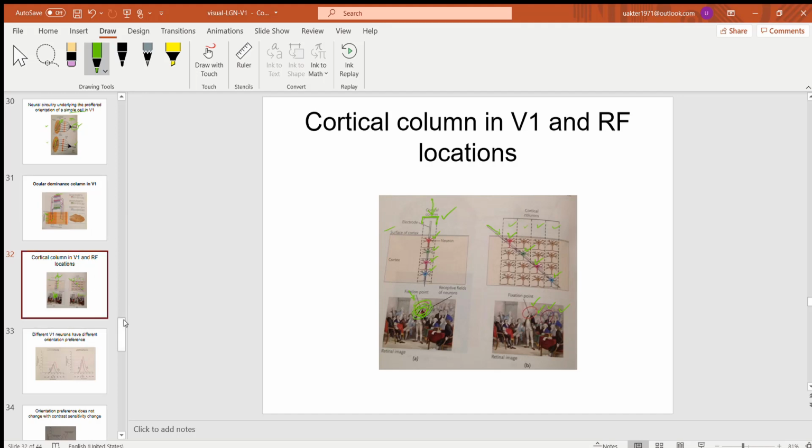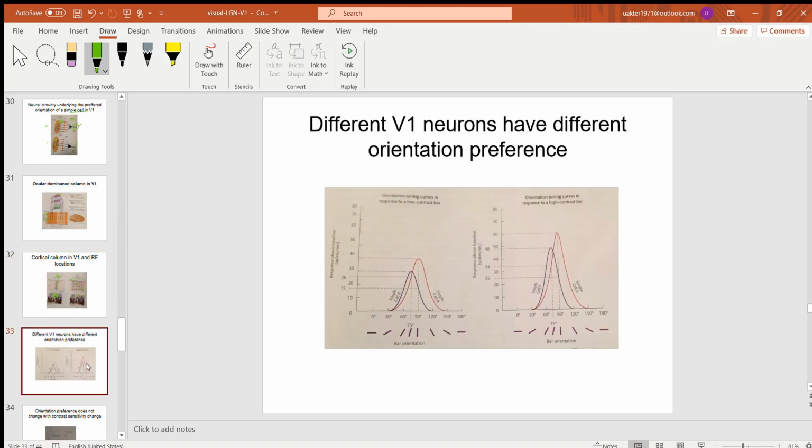Here you see 2 different neurons, A and B, and A prefers this orientation, 90 degrees, and B prefers this orientation, 75 degrees, right? So we know that different neurons prefer different orientations, which is fine.